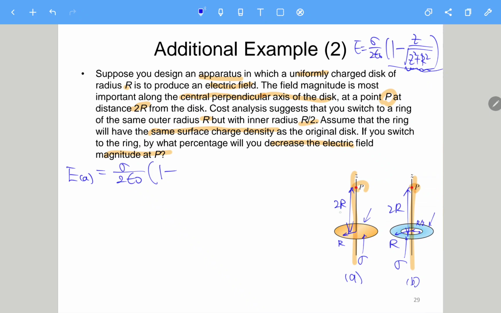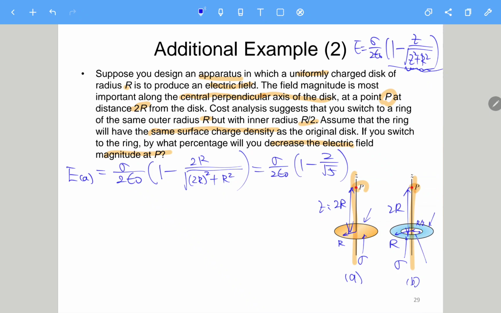Okay, for this one, Z equals 2R, which means that this is 2R, this is (2R) square, and then plus R square, and then take the square root. So this one is sigma over 2 epsilon naught, and then 1 minus 2 over square root of 5, because all the R can be cancelled.